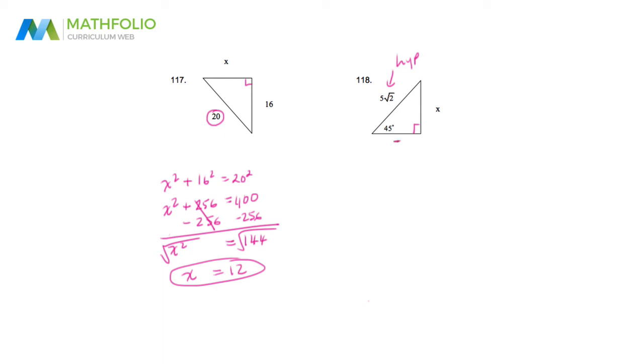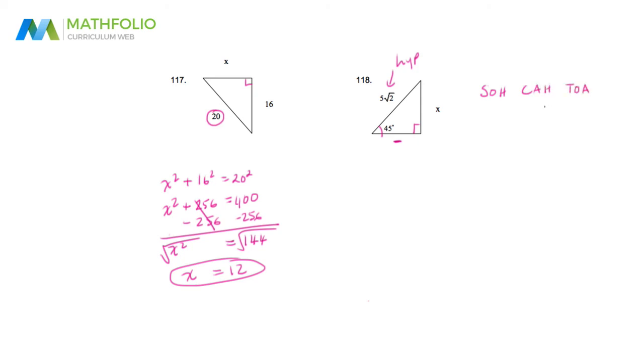In this case, we don't know what one of the legs is, and it's not even a variable that we can find. But we do have an angle. So when this is the case, we're using angles to help us try and solve these problems. We need to use the trigonometric ratios. And so those are used when we can figure out SOHCAHTOA.